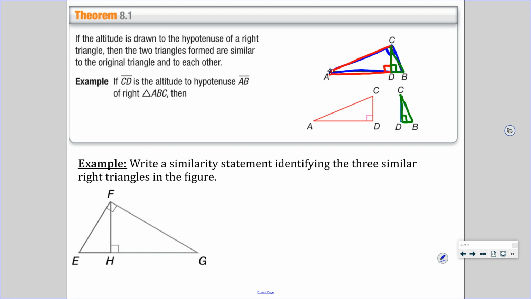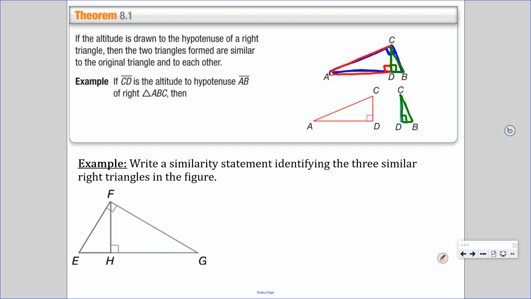It's a little bit easier to see when we have numbers on it, and you can see that the sides are all proportional. They have similar corresponding sides. So we'll look at one like that later on. But what you need to know is that if we have an altitude to the hypotenuse, it creates these three similar triangles.